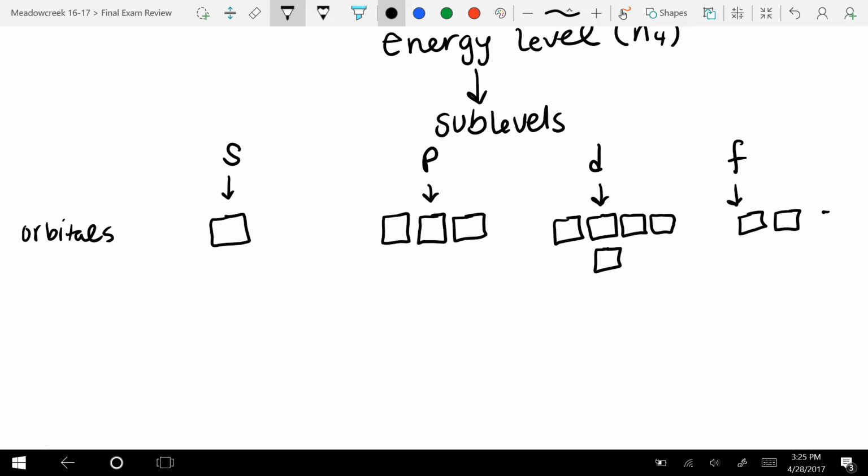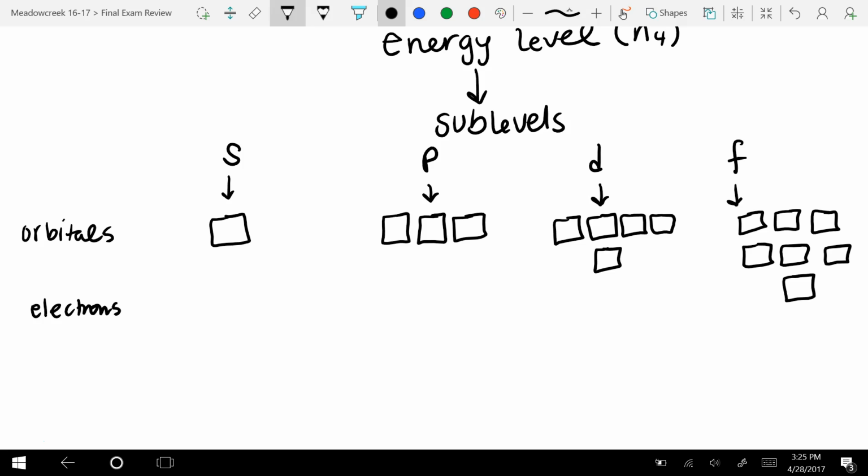So 1, 2, 3, 4, 5, 6, 7. We're going to call those boxes. So you have energy levels, you have sublevels, S, P, D, and F, and you have orbitals within them, and then you have the electrons that fill them.